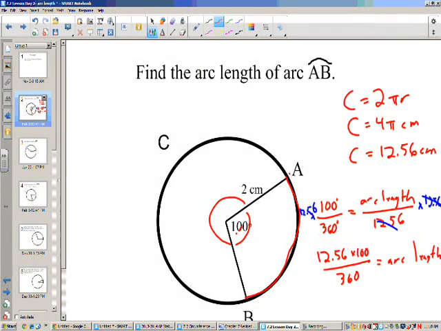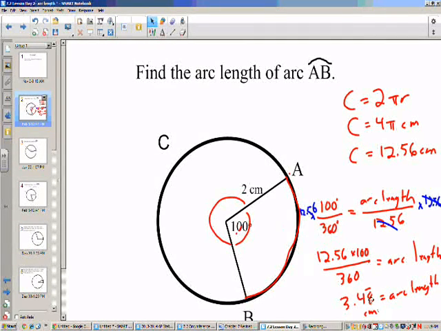And so I'm going to take 12.56 times 100, divide that by 360, and I got 3.48 repeating for the arc length. And that's in centimeters. Now, does it make sense if the whole distance around is about 12.5, that it's about 3.5 centimeters here? Yeah, that's pretty reasonable.